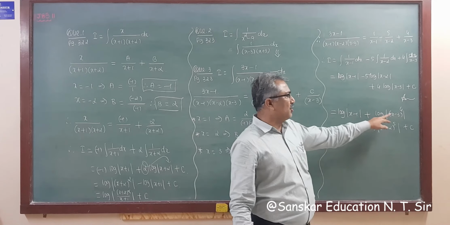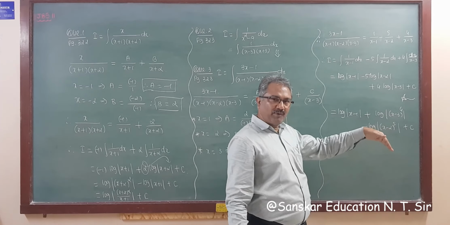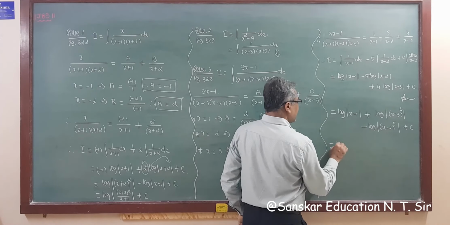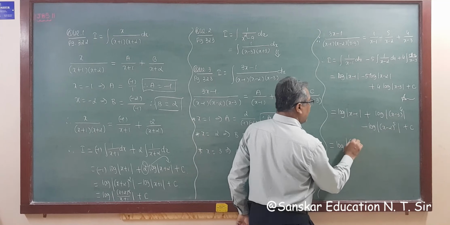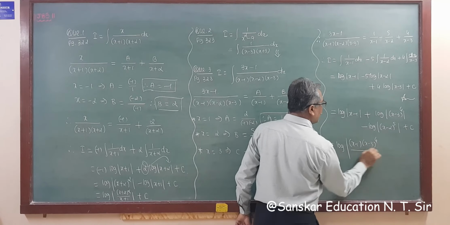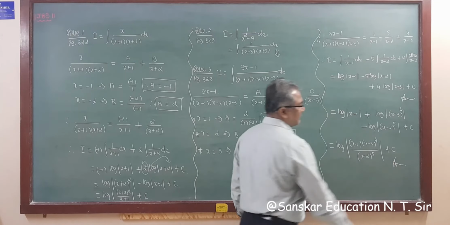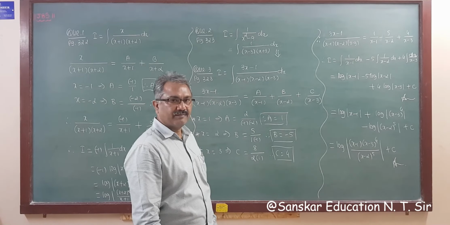Now log a plus log b is log ab, and log a minus log b is log a upon b. So writing this, log mod (x minus 1)(x minus 3) raised to 4 whole upon (x minus 2) raised to 5 plus c. This is your answer. Right? Got it? Okay, fine.